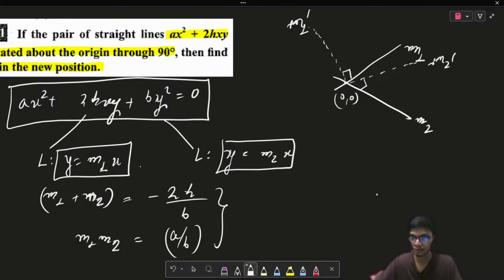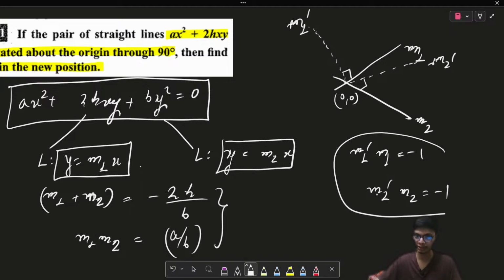So this angle and this angle are basically 90 degrees, right? So what I can observe is that m1 dash into m1 should be equal to minus 1, and m2 dash into m2 should also be equal to minus 1, right? So these are the two results that will hold true, because these lines are perpendicular with respect to the original lines, right?